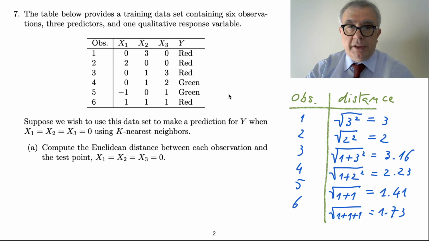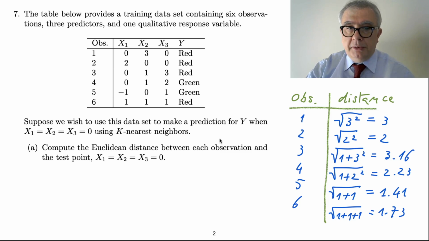Here we have a table with training data: 6 observations, 3 predictors, x1, x2, and x3, and one qualitative response variable. So this is the label that is assigned to our training data. The label, as you can see, can only be red or green.